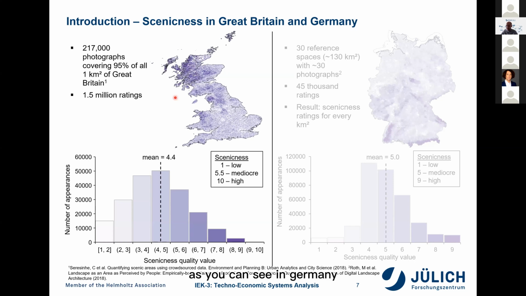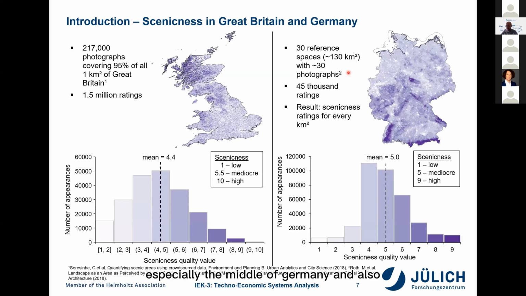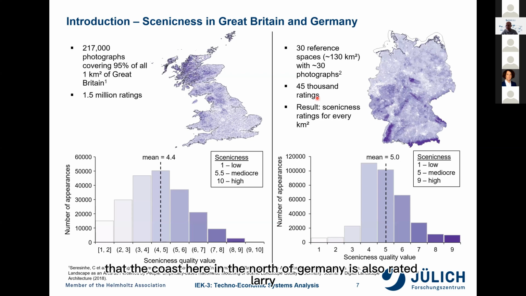As you can see in Germany, especially the middle of Germany and also southern Germany is rated as very scenic. For example, here the Black Forest, the Bavarian Forest, or the Alps. And what you will probably hardly see in this figure is that the coast here in the north of Germany is also rated very scenic, but in general the north isn't rated as scenic as the south.